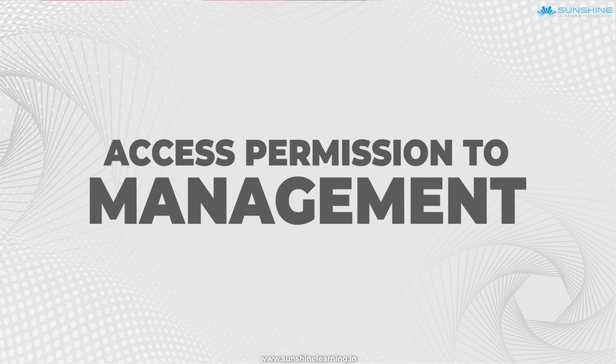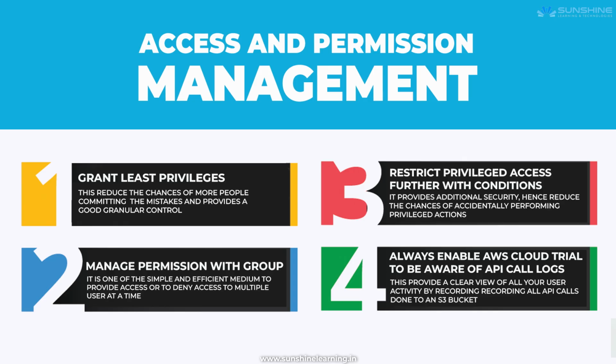Now the next task is access and permission management. What you should do? This is also one of the best practices. You should grant least privileges. This reduces the chance of people committing mistakes and provides good granular control. So it should not be that when you create a user, you just assign admin access to that user.